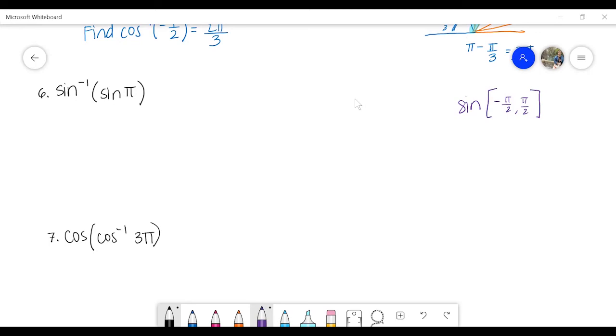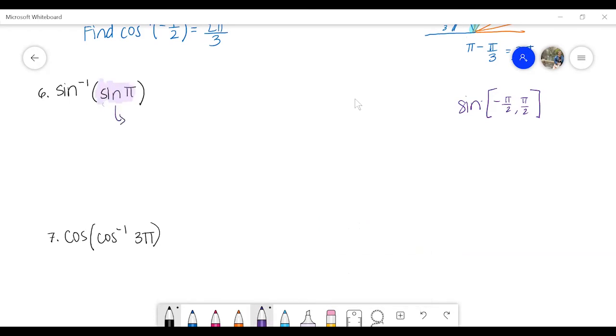That we're using. I'm just thinking about this inner portion, right? So this is definitely not within that. Pi goes beyond, right? So I can find a value for sine of pi. So our focus again is going to be first on the inner portion of this.